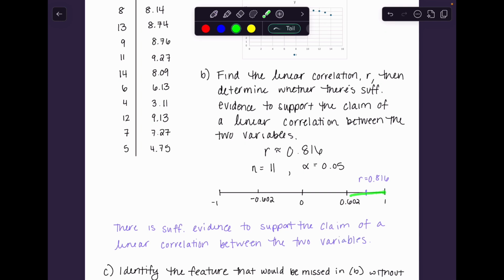Essentially this region is where we reject the null hypothesis, which is that the linear correlation is equal to 0. In the middle region is where we don't have enough evidence to support that.